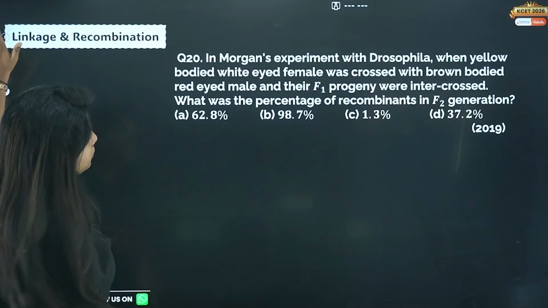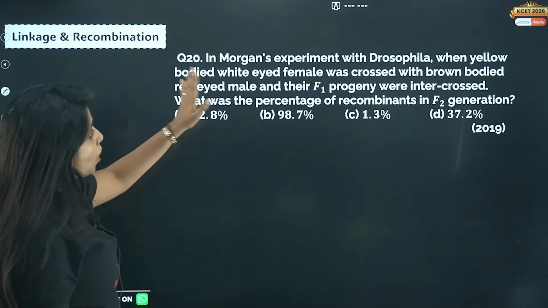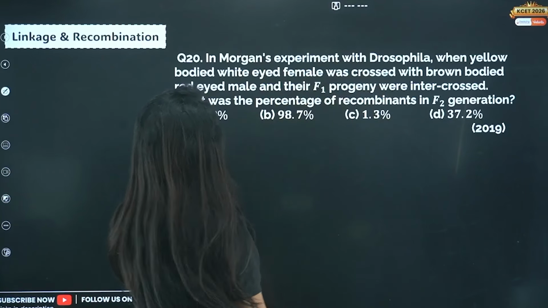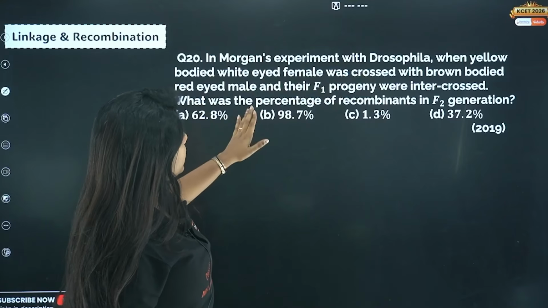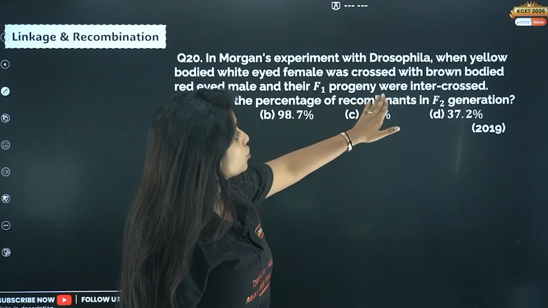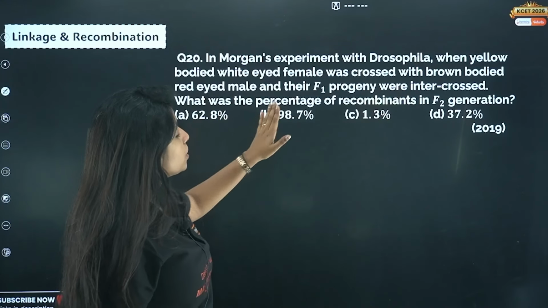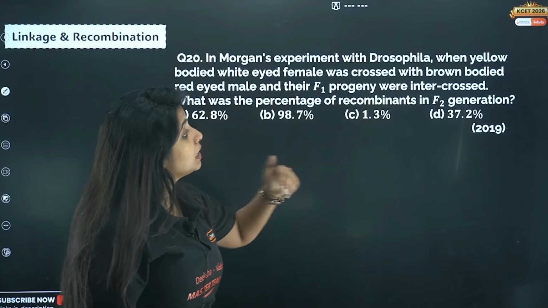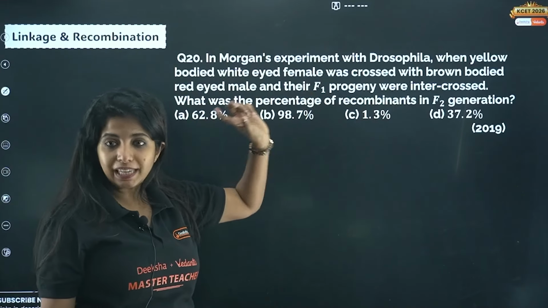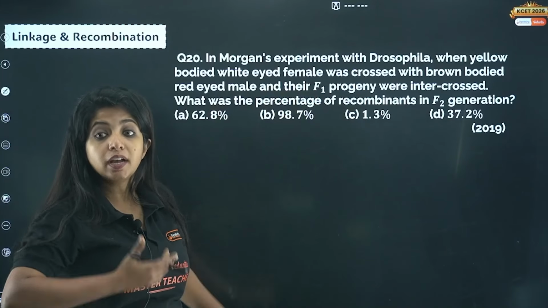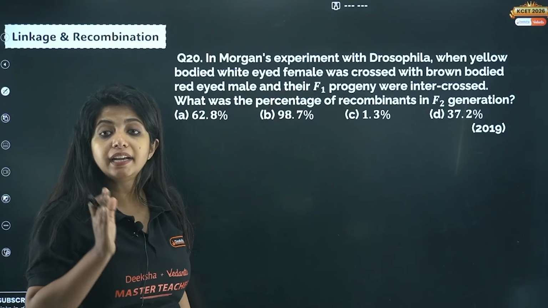Okay? 20th question. In Morgan's experiment with Drosophila, when a yellow-bodied, white-eyed female was crossed with a brown-bodied, red-eyed male and their F1 progeny were intercrossed, what was the percentage of recombinants in the F2? Yellow-bodied, white-eyed were crossed with brown-bodied, red-eyed male.